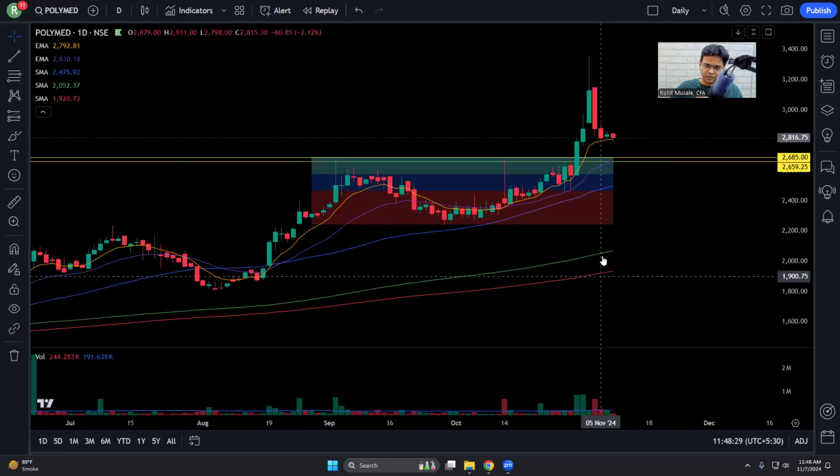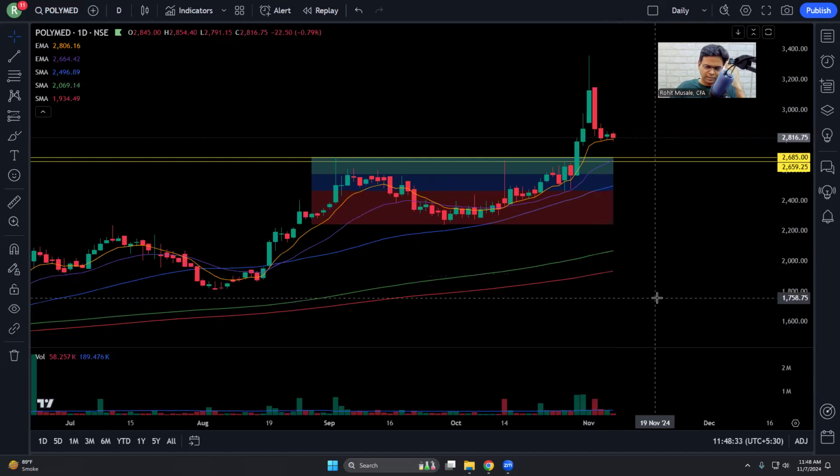What's the purpose of the long term moving averages, the green and the red? Well, the green and the red are the long term moving averages. So they show us the broader trend of the stock. So remember, I had told you the stock goes from stage one, which is the dormant stage, to stage two, which is the uptrending or accumulation stage. From stage two, it will go to distribution stage, which is stage number three.